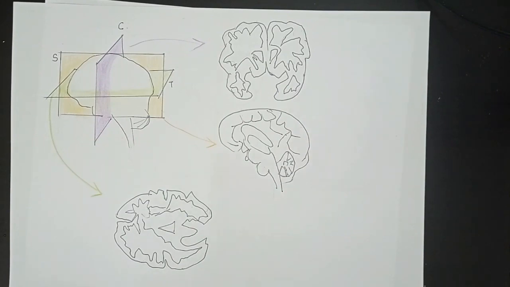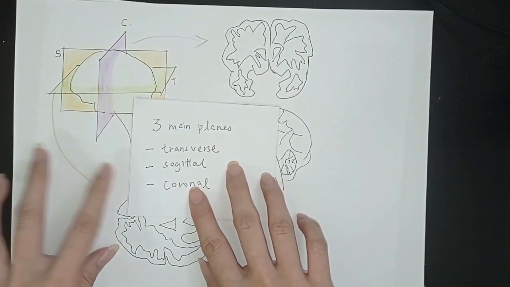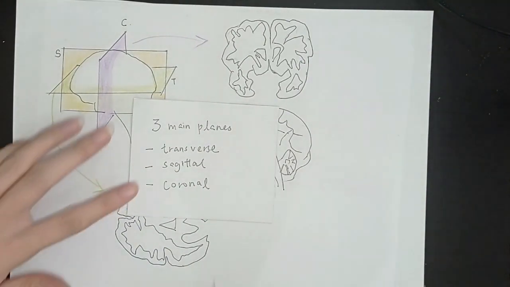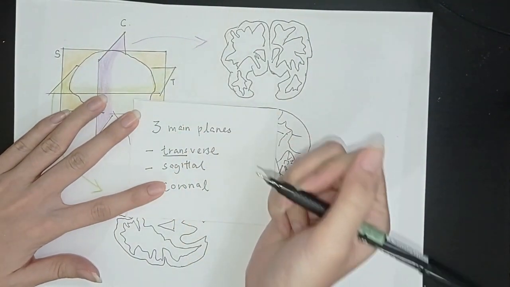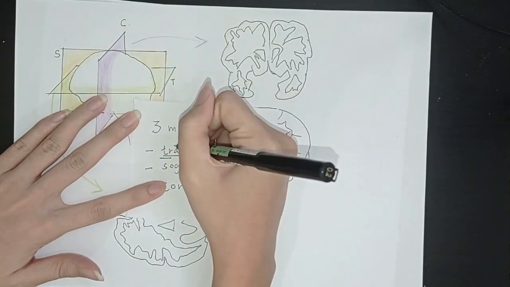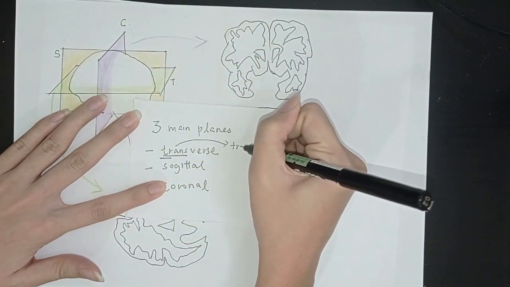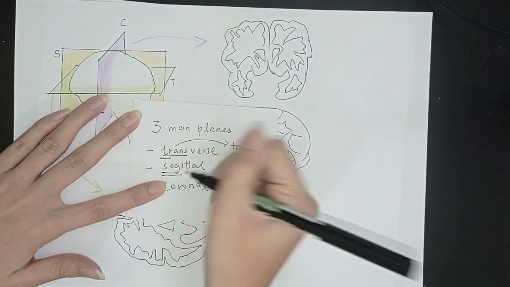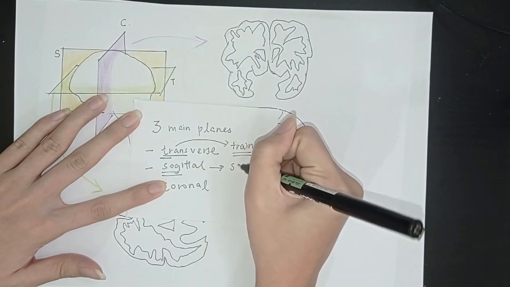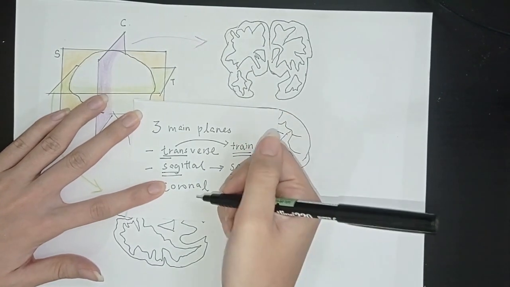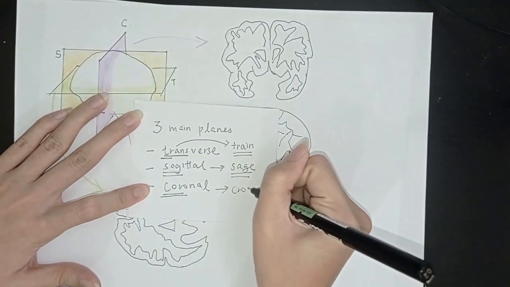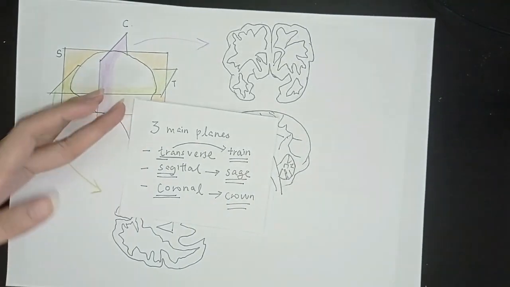I'll need you to recall the names of the three main planes, and I'll need you to correlate the transverse plane to a train, the sagittal plane to a sage, and we'll think of the coronal plane as a crown.